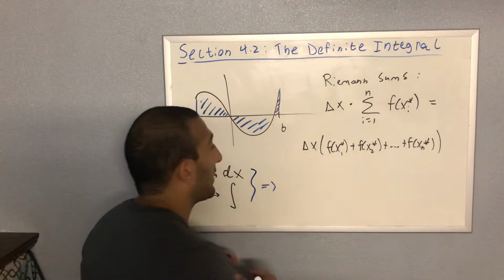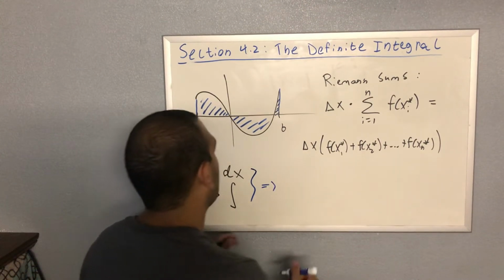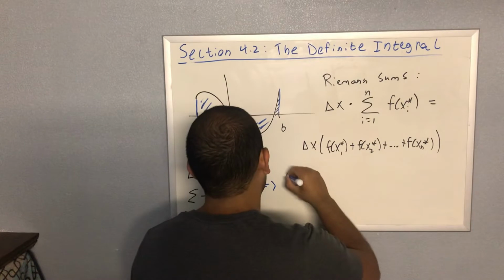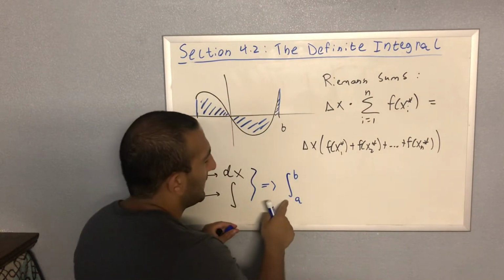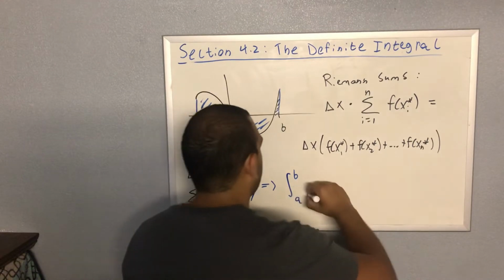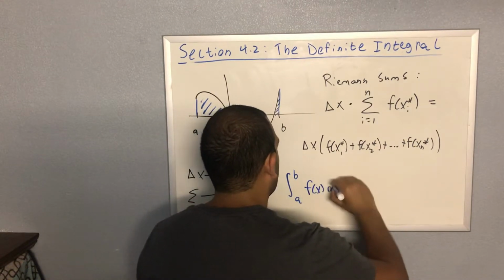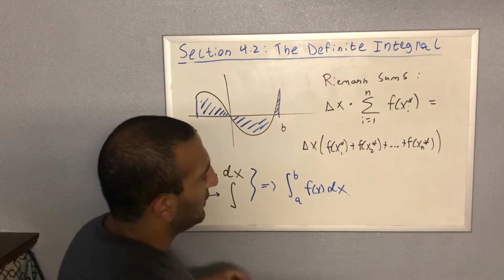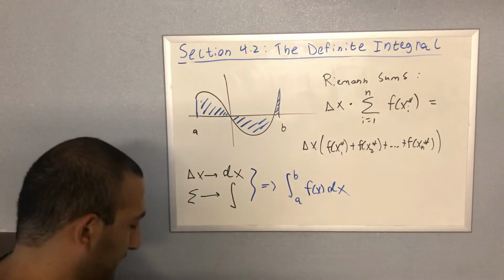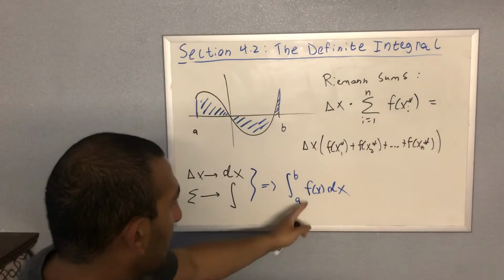And so this is the perfect area. This is the actual area underneath the curve, as we wrote it like this. The integral from a to b of f of x. Some people say of f of x dx. You don't have to say the dx if you don't want to. But this is the perfect area.